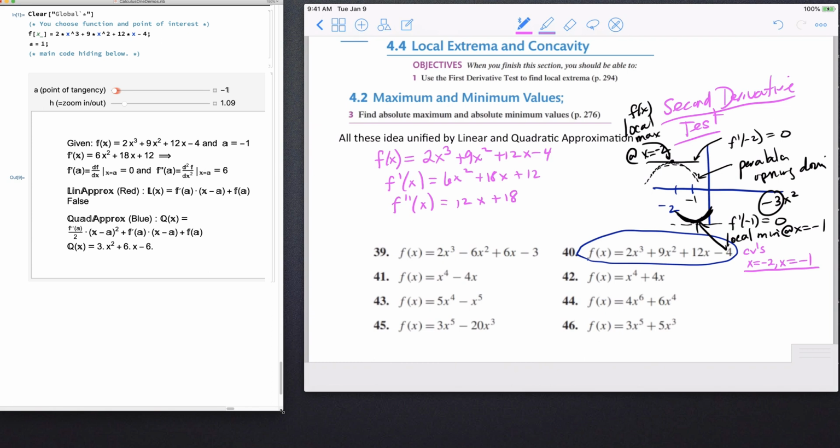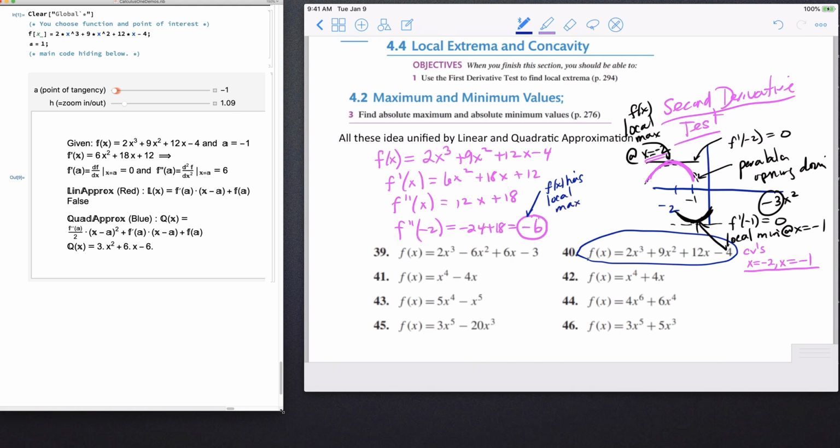And then if you compute the second derivative at the critical values, which was -2 in this case, you'll get -24 plus 18, which is -6. And we knew that at -2, the quadratic approximation was opening downward, right? That's because the second derivative is coming out to be negative. If the second derivative comes out negative, we say that f of x has a local maximum.